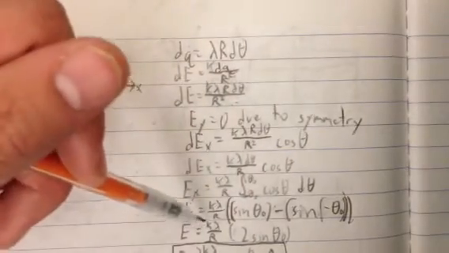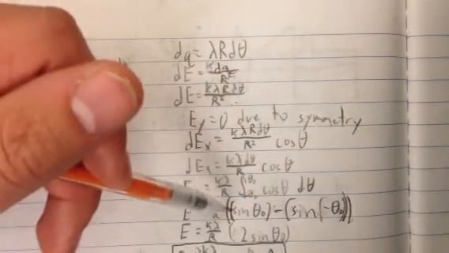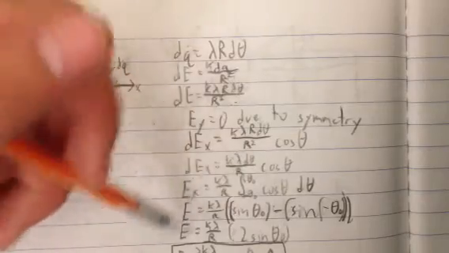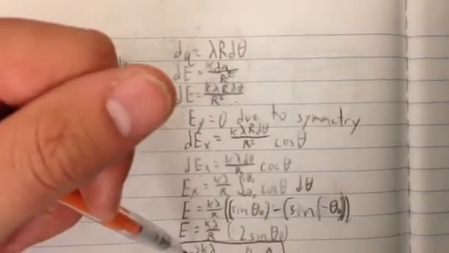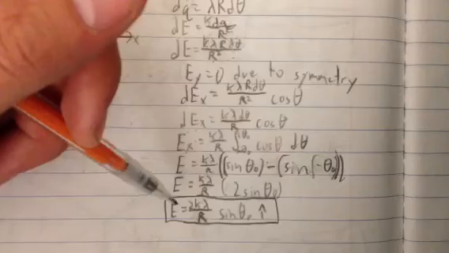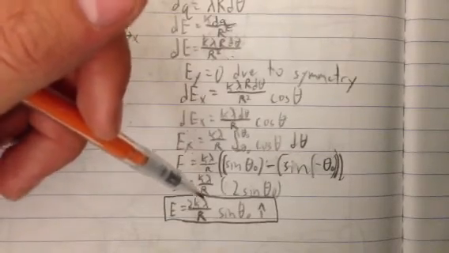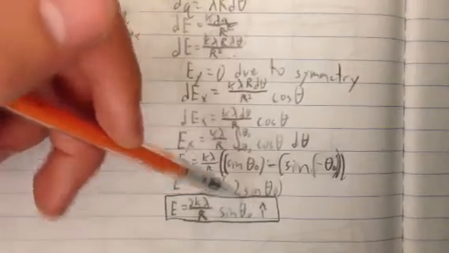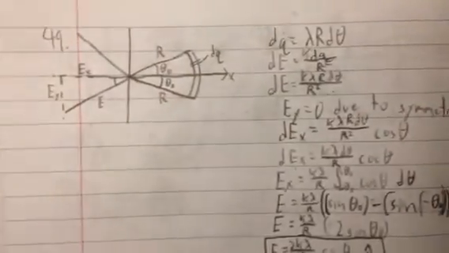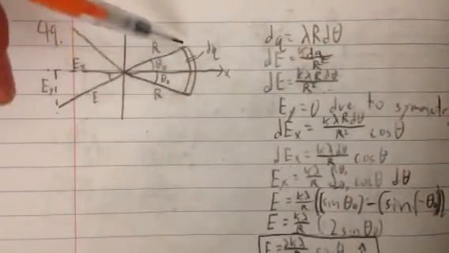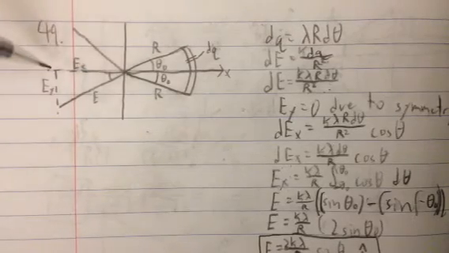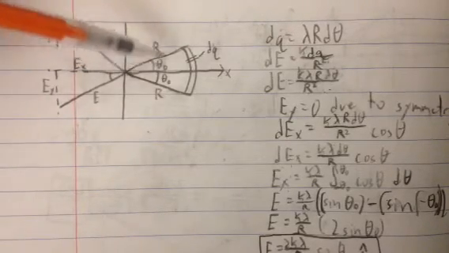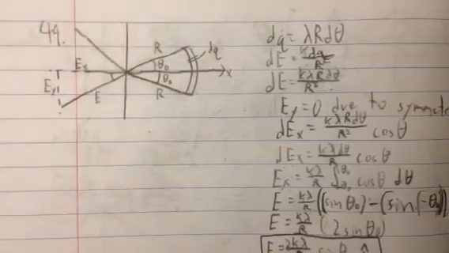So you are left with k lambda over r times 2 sine theta initial equals E. And so that is where you get your answer of E equals 2k lambda divided by r sine theta initial i hat. The i hat comes from back up here, depending on if your charged rod is pushing away or pulling towards at that E field, depending on if it's positively or negatively charged.